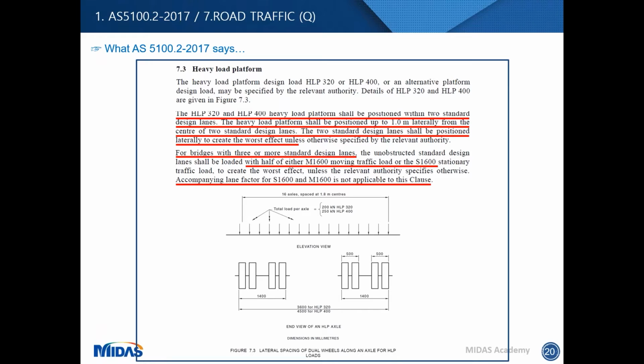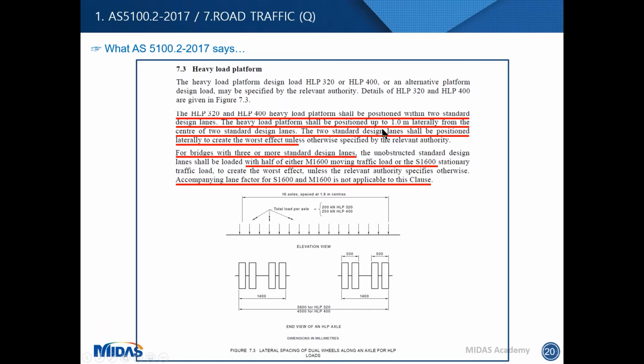So we need to have at least 2 standard lane, and heavy load platform will be positioned within the 2 lanes. And it can be positioned up to 1 meter laterally from the center of 2 standard design lane. So in exactly the same way, we updated this vehicle to MIDAS.